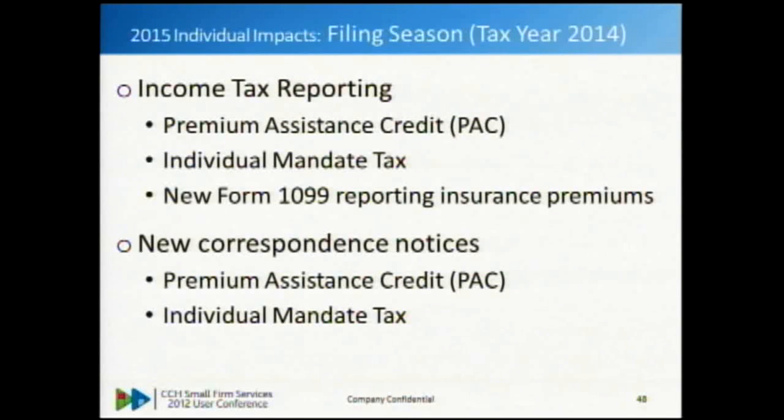What's being reported there, does that match up to what the state exchange said that they actually gave the taxpayer throughout the year? Those types of things. You're also going to see the mandate tax, depending on what enforcement looks like for that. If they think people are subject to the mandate tax, are you going to get correspondence notices on those? So all of that comes together for the perfect storm for a fun 2015 filing season.